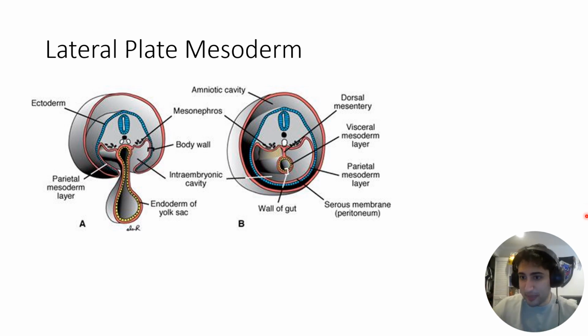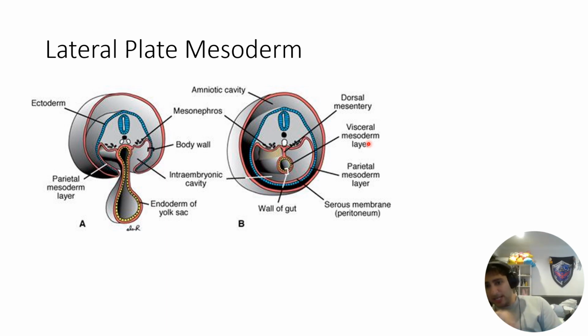And the visceral mesoderm and the embryonic endoderm are going to form the walls of the gut tube over here. Now, the mesoderm of the parietal layer surrounding the intraembryonic cavity, this parietal mesoderm here, this is visceral mesoderm here, this is mesentery connecting the two, but this parietal mesoderm is going to form mesothelial membranes.